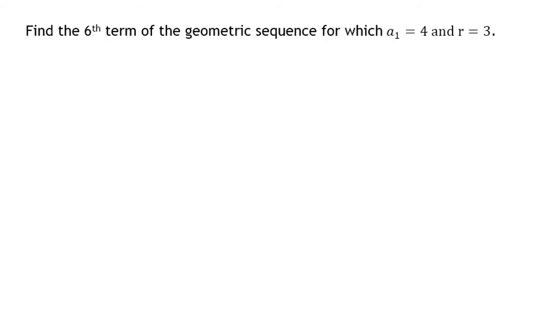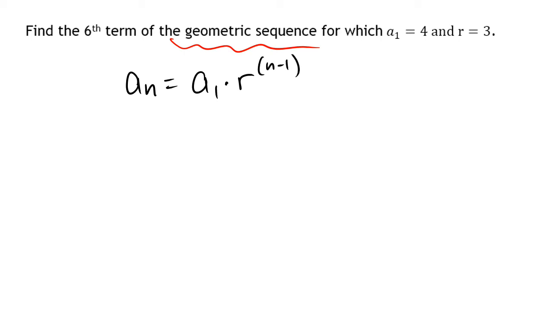So I believe that the sum of the first 15 values of this arithmetic sequence is the number 510. Find the sixth term of the geometric sequence for which a sub 1 equals 4 and r is the number 3. And this is, I'm told, geometric. So we're going to look at a sub n: the nth term is equal to the first term times my common ratio raised to the n minus 1 power.